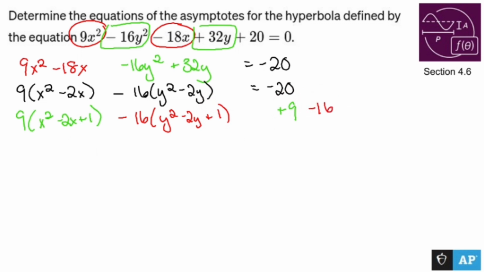So now what I get is 9(x^2 - 2x + 1) - 16(y^2 - 2y + 1) equals -36 + 9, which is -27.